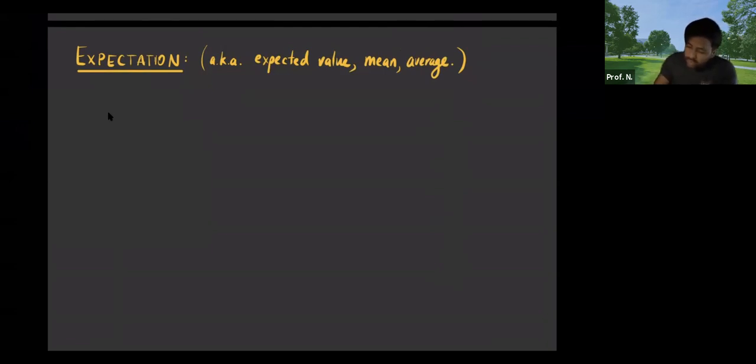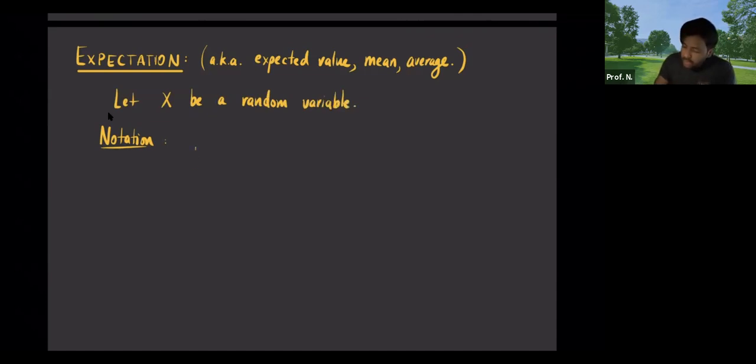So then what's the notation? If we let X be a random variable, the expectation is given by an uppercase E, bracket X. Now, how do we define the expected value given the probabilities of the values of the random variable?